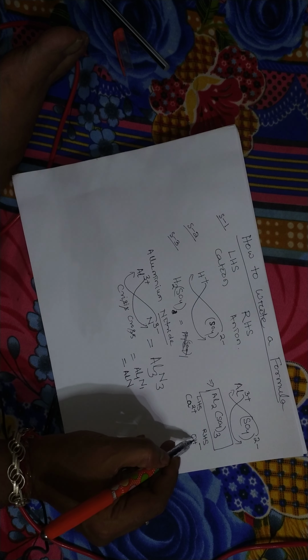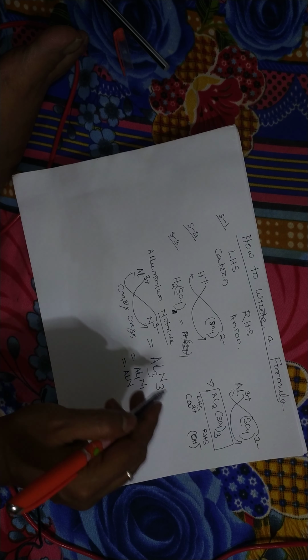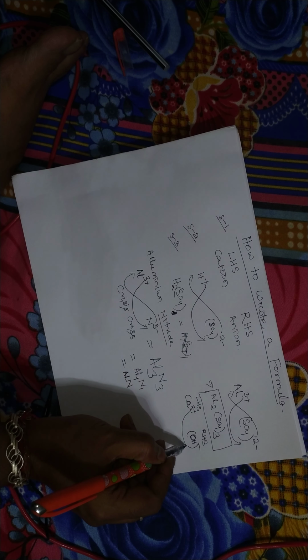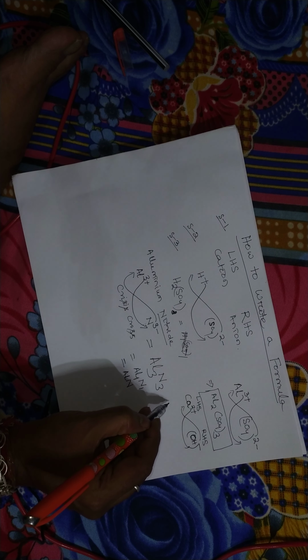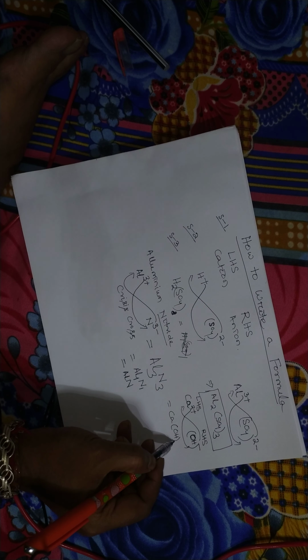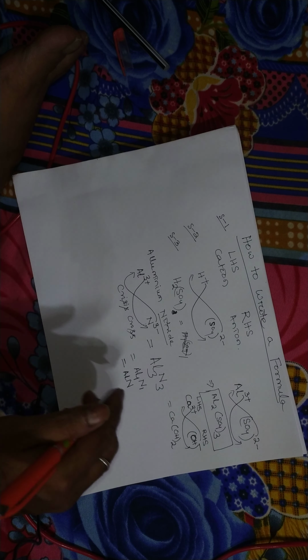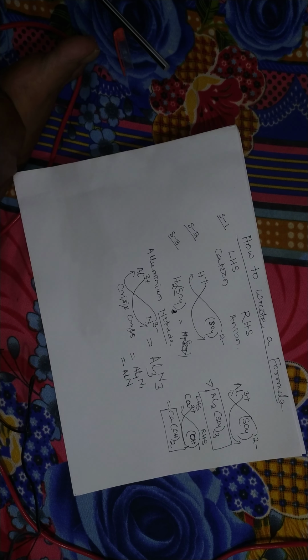Here OH is a compound radical, so I will give a bracket, then crisscross the charge. The final result will be Ca(OH)2. This type of formula I can write. So for writing a formula, we must remember some important cations and anions.